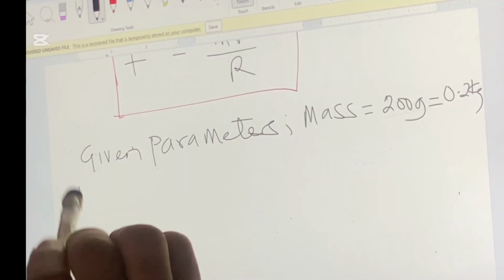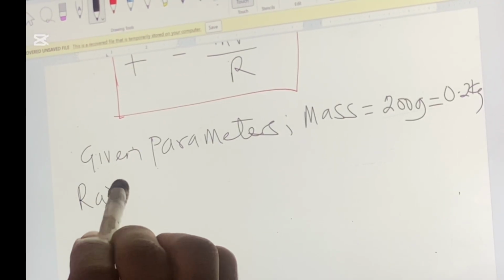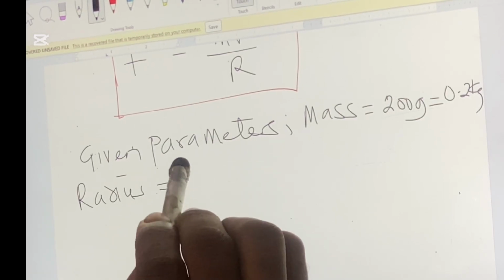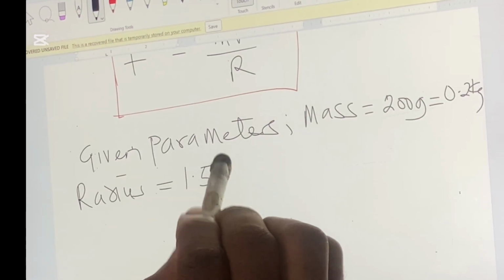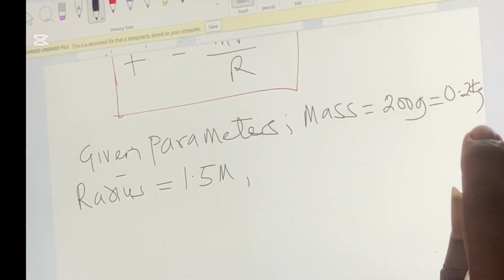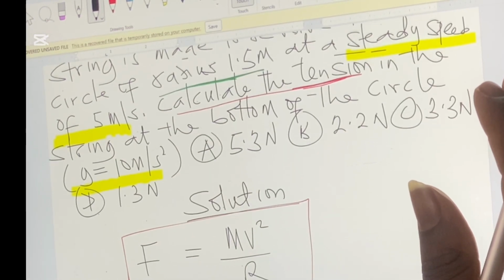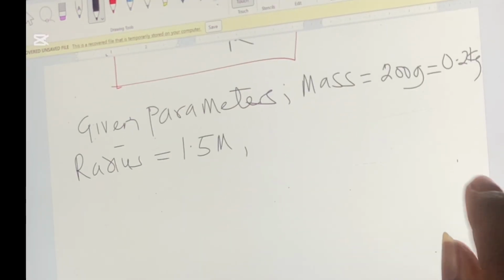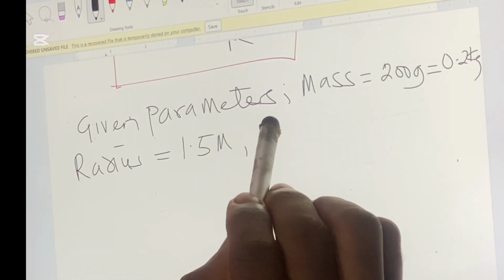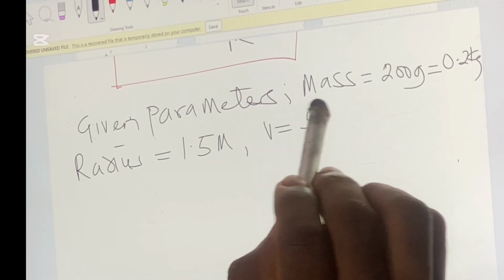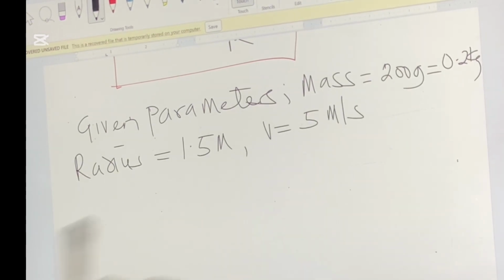The radius here is given to us as 1.5 in meters. The next one here is speed or velocity, okay? Velocity is given to us as 5 meters per second, okay?